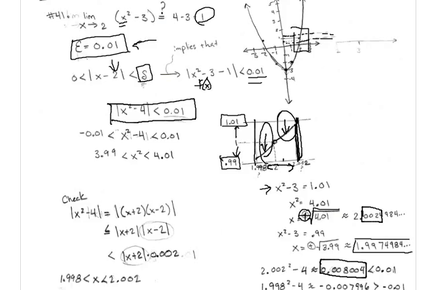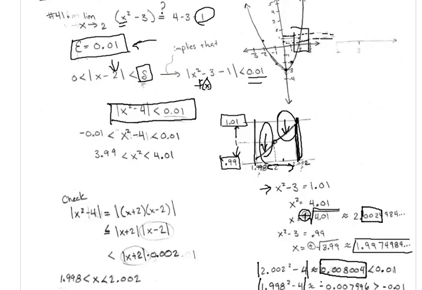And, by the way, we have to take the absolute value of these things, right? And I get negative 0.007996. This is greater than negative 0.01.